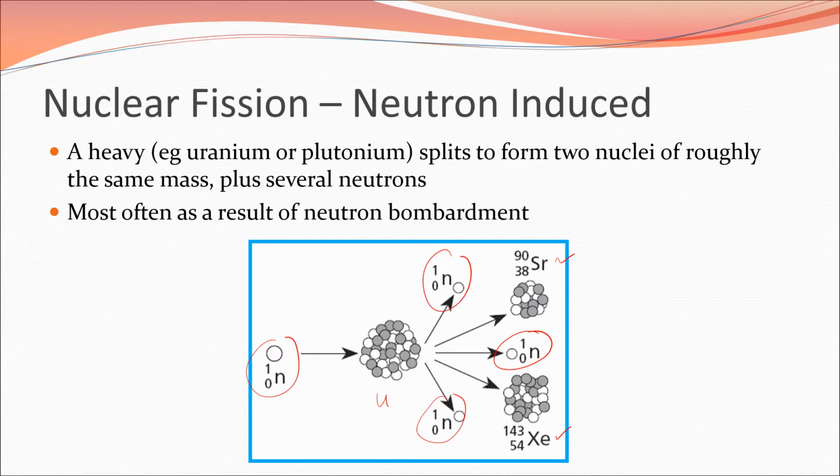And so the thing to remember here is what happens to those three neutrons given off. They've got to go somewhere, they've got to do something, and if this guy here can induce the fission, then these three over the other side here can do the same thing.